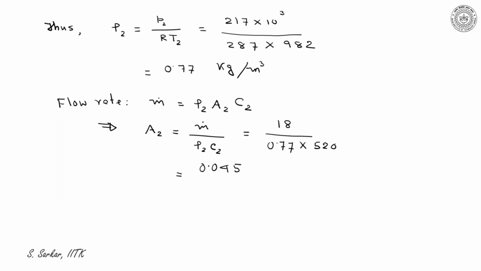Please check the calculation. Meter square. Thus, I got A2, the exit area of the nozzle, as 0.045 meter square. With this, I have solved the problem.